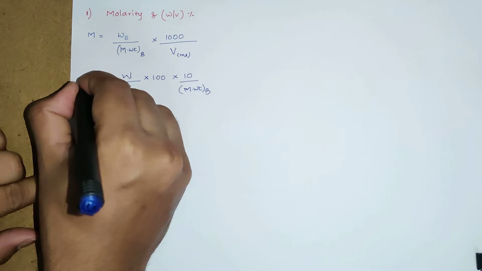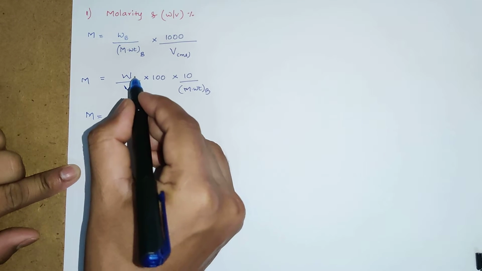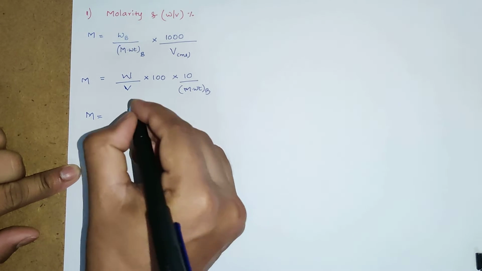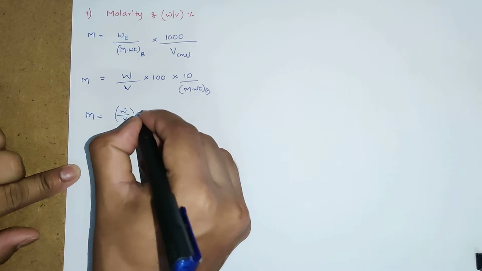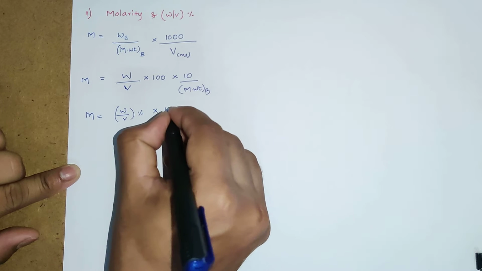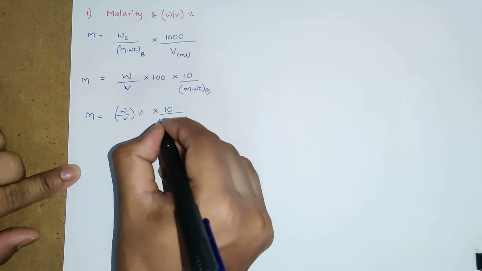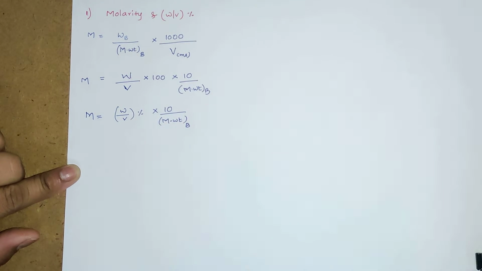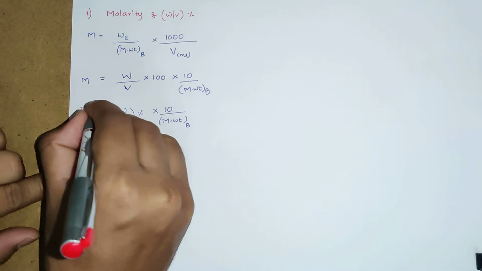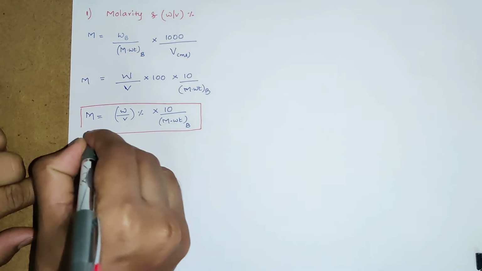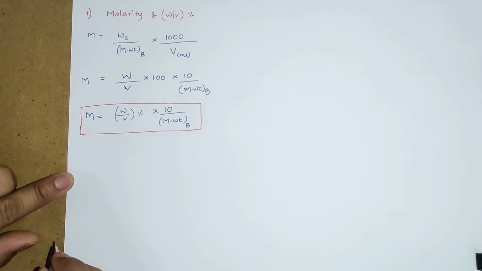Then I write molarity is equal to weight of a component by volume of solution into 100, that is, W by V percentage into 10 by molecular weight of solute. So this is the relation between molarity and mass by volume percentage.